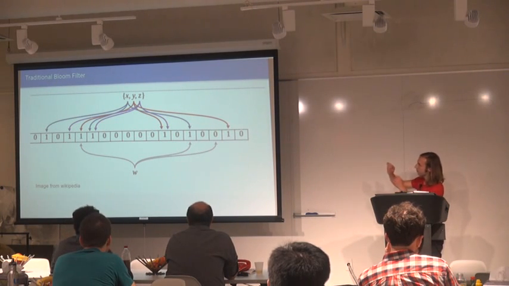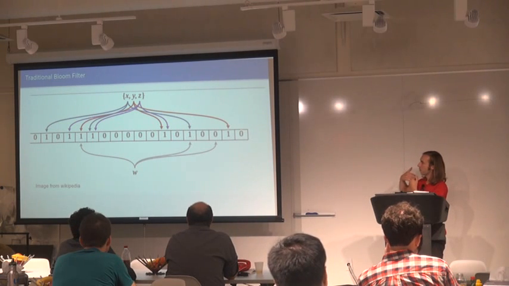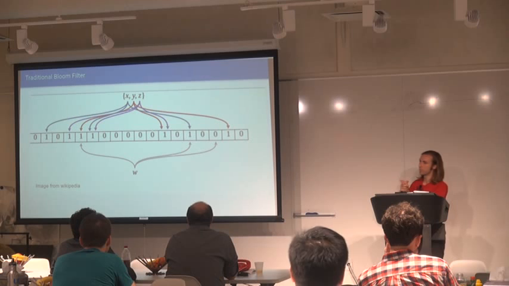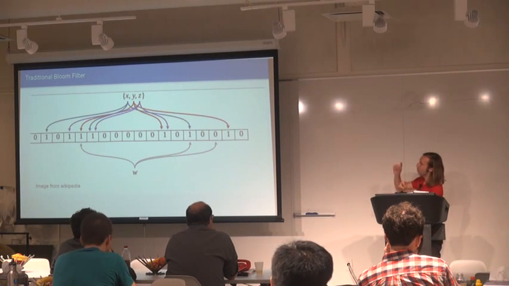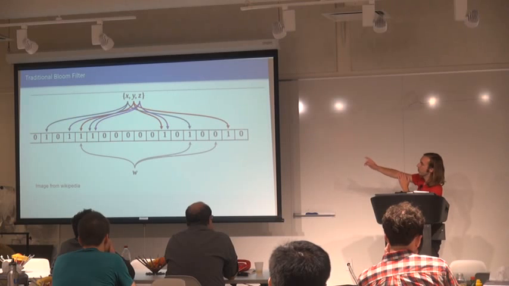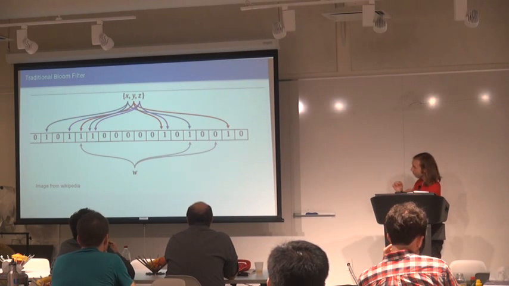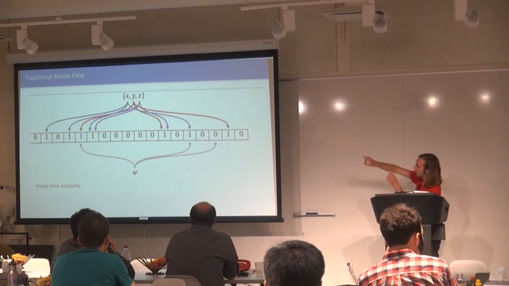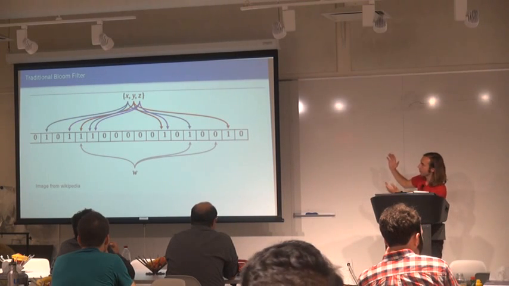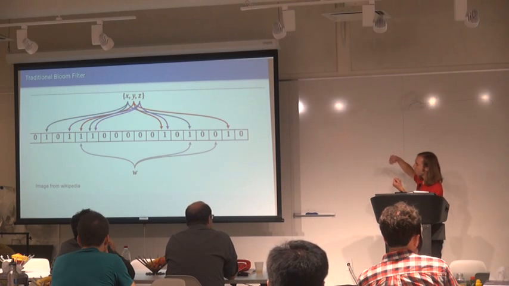And each of those hash functions maps all the data in the thing that you're inserting, say it's a word. It hashes that data and maps it into a number between 1 and 18. So you do that 3 times independently. And then to insert, you just find each of those bits that are pointed to by the respective hash functions, and you set them to 1.